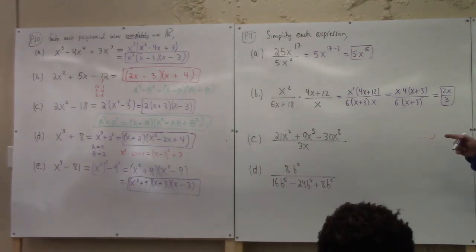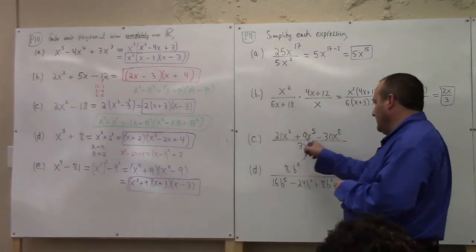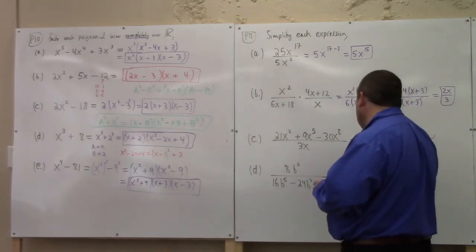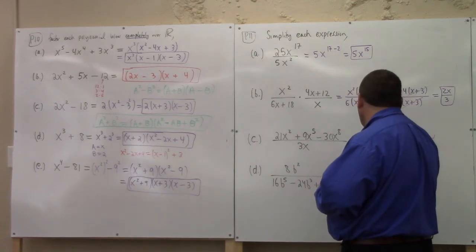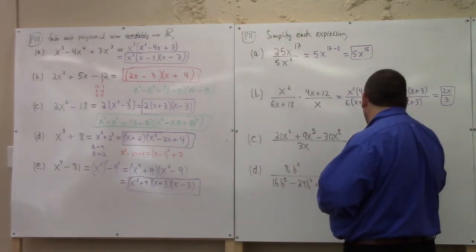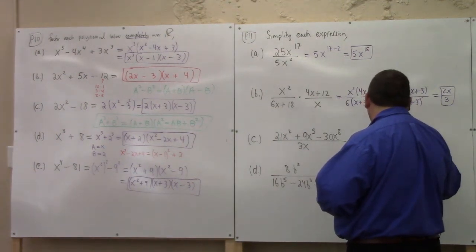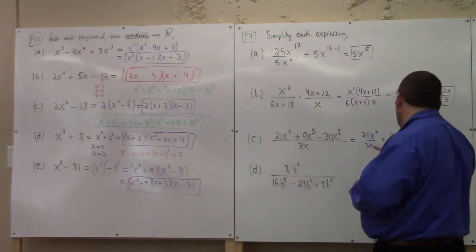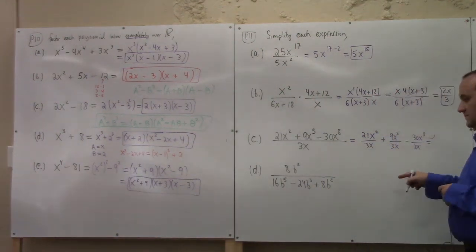This one, since the sum is in the numerator, I am allowed to make this step. 21x squared over 3x plus 9x to the 5th over 3x minus 30x to the 8th over 3x, right? 21 over 3 is 7.